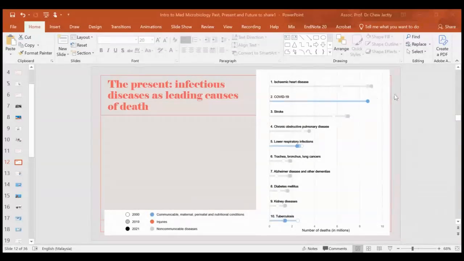If they're in blue, those indicate diseases that are communicable, mainly infectious pathogens. On the top 10 list, we have COVID-19, we have number 5, lower respiratory infections. We also have tuberculosis. So from here, you can see that in the top 10, at least 3 of these were caused by infectious diseases.